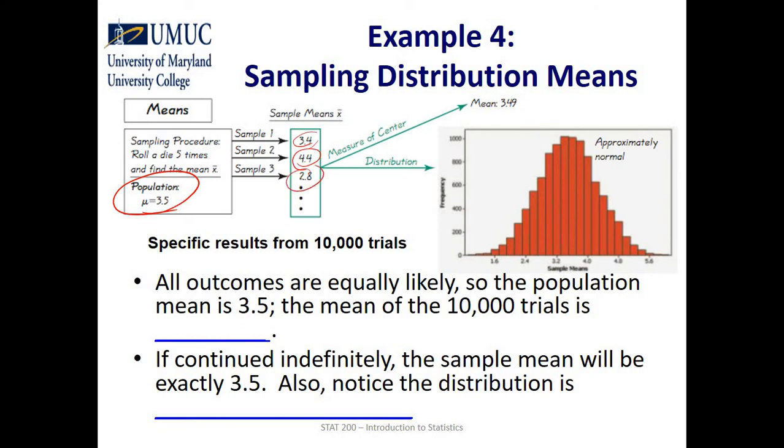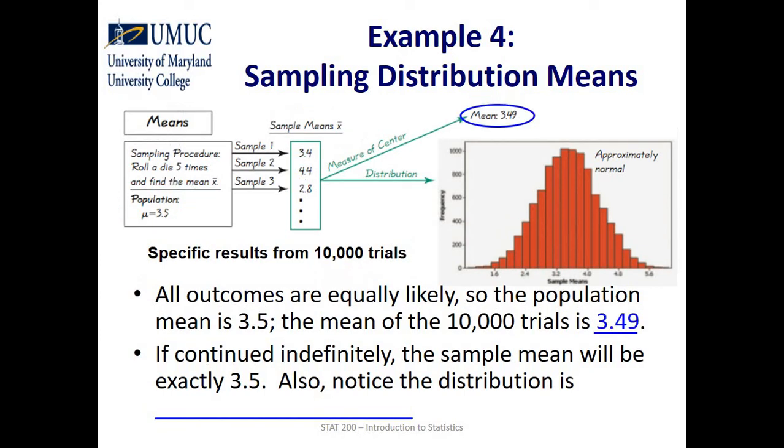Sample 3 gave us a mean of 2.8. And so on. These results are completed 10,000 times. This is done over and over again, and then the mean is computed at 3.49, this value up here. That's what they found after they took the mean of all these sample means.